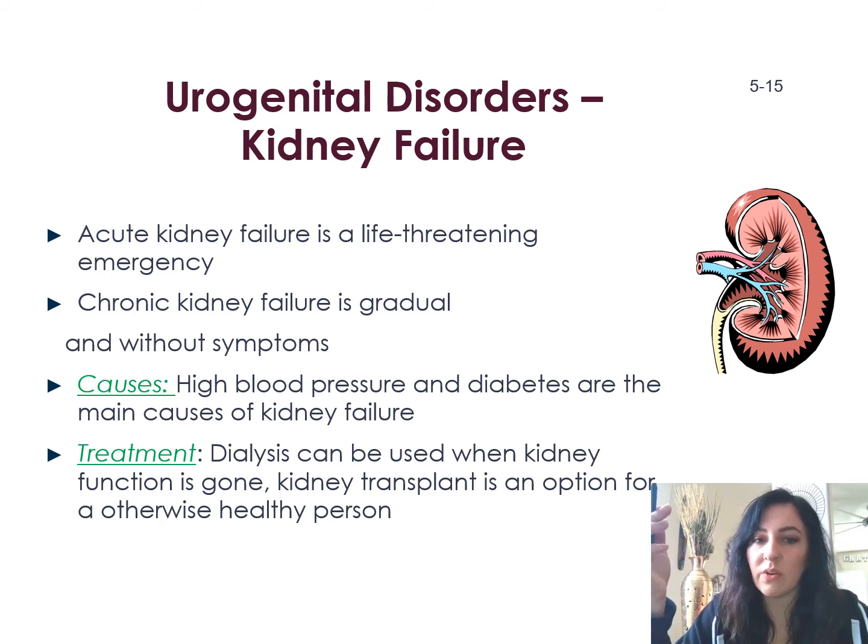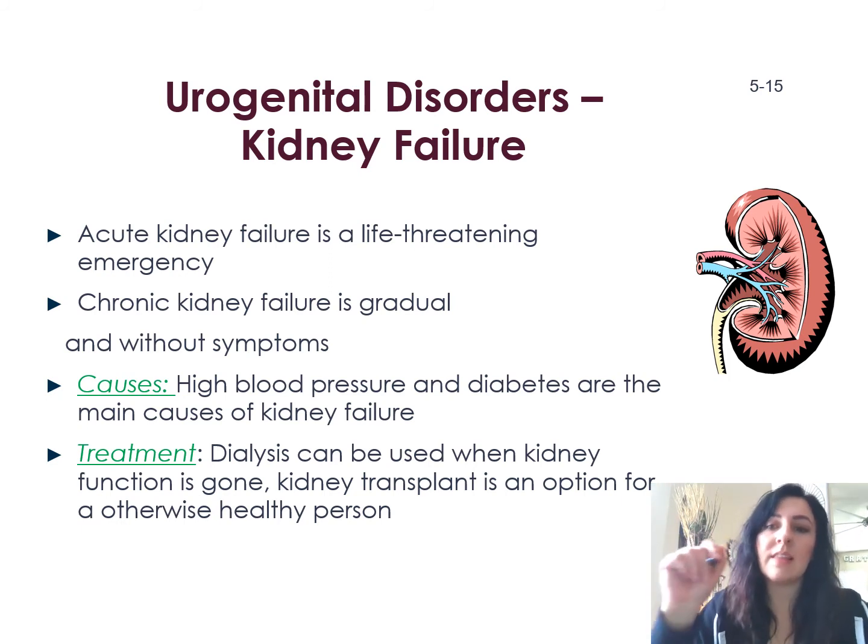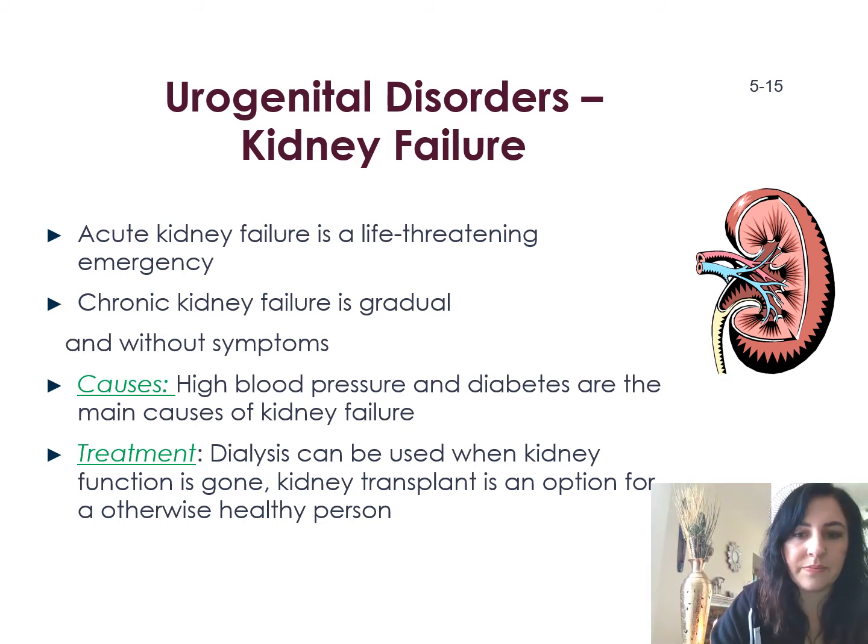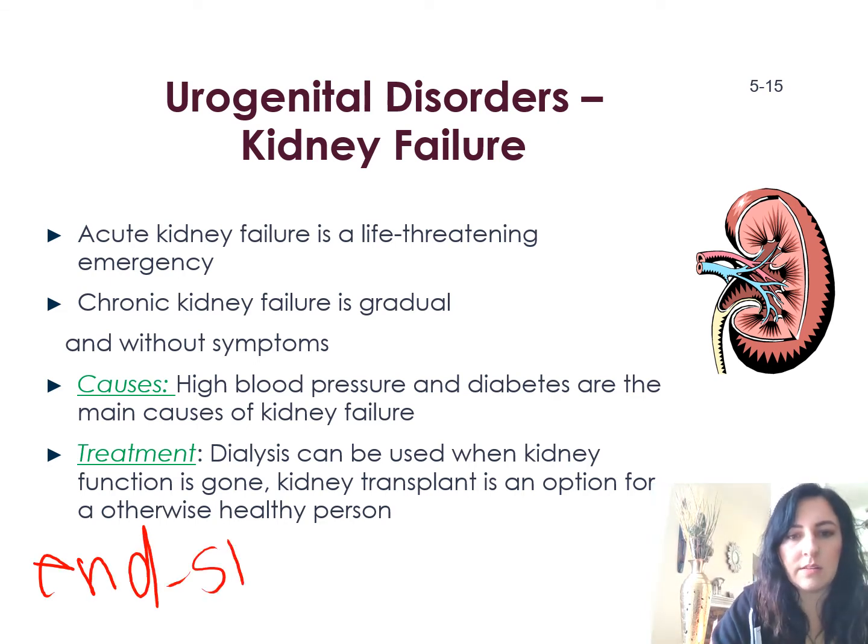Some treatment for kidney failure would be dialysis, which is probably the most common one that a lot of us are familiar with. This can be used when kidney function is completely gone. Typically, this happens when you're at end-stage renal disease.